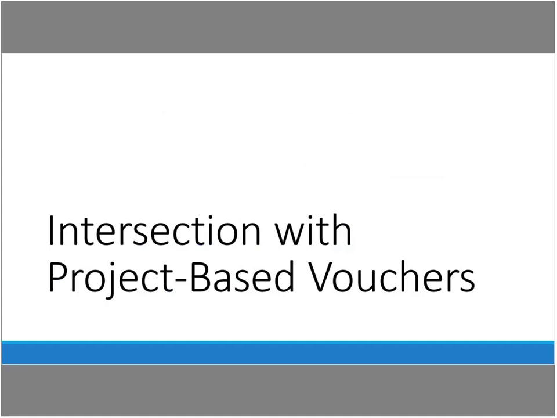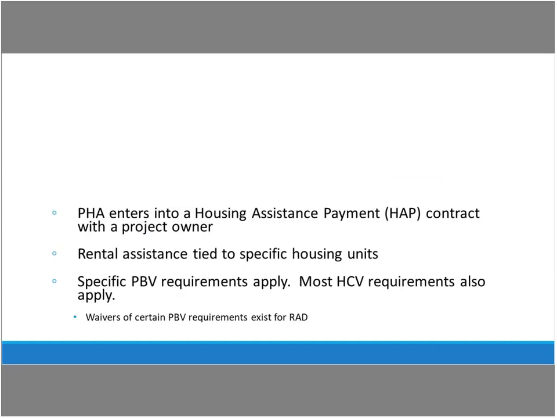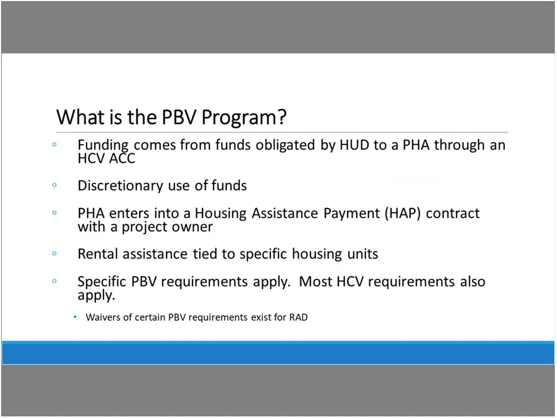We're going to start with the intersection of project-based vouchers. So what is the PBV program? Many of you may have a housing choice voucher program or have worked for a housing authority that does, and are familiar that funding comes from HUD to a housing authority through a housing choice voucher ACC agreement.